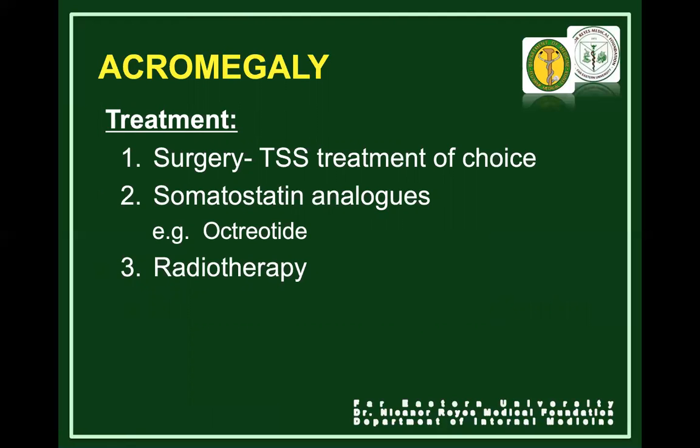So you really have to do surgery. You can do transsphenoidal resection. So this is the treatment of choice. However, if this fails, and there can be failure because they are big tumors, then you can give octreotide, which is a somatostatin analog, okay, to suppress your growth hormone.